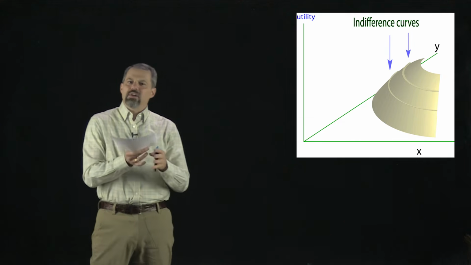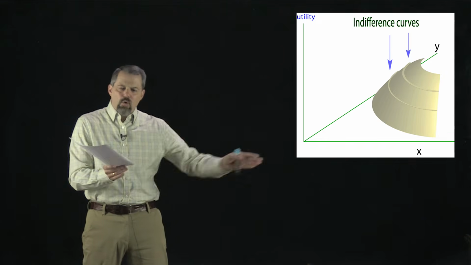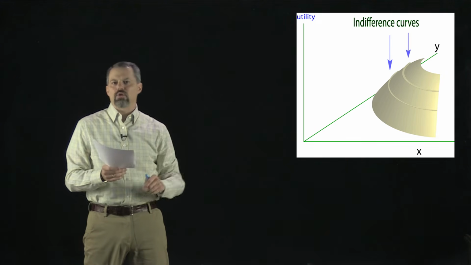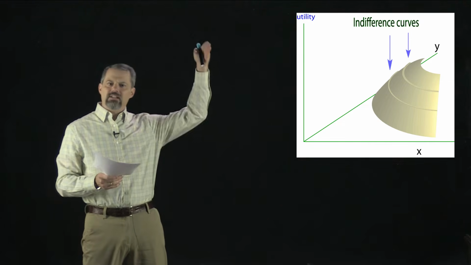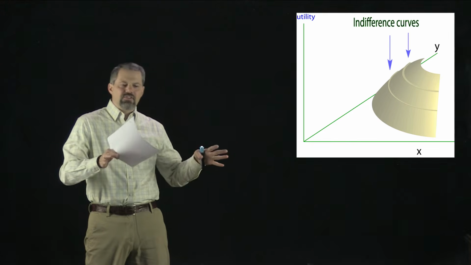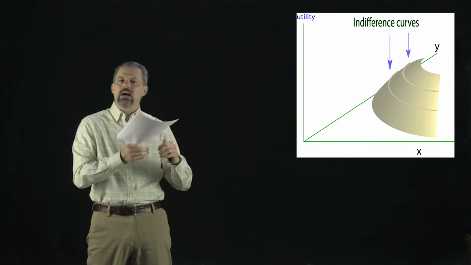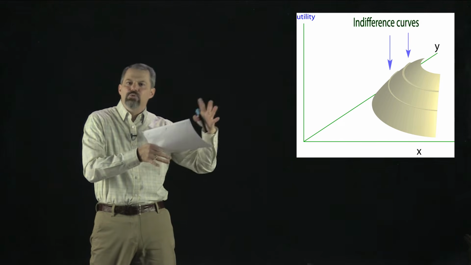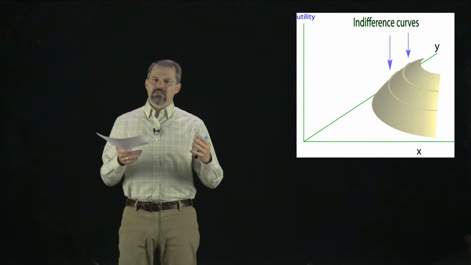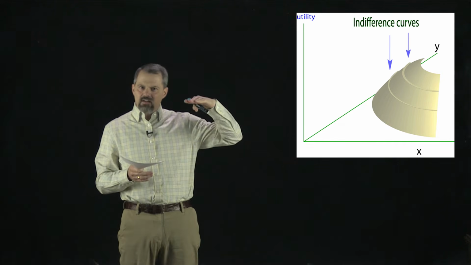Okay, and so if you think three-dimensionally, along one corner or edge of the room we could put the x-axis, and along the other we put the y-axis, and then vertically we measure utility. Then the utility function is just this three-dimensional object, and as you have more x and more y, you get higher up on this utility mountain. Now the indifference curves are represented as a height on this mountain.